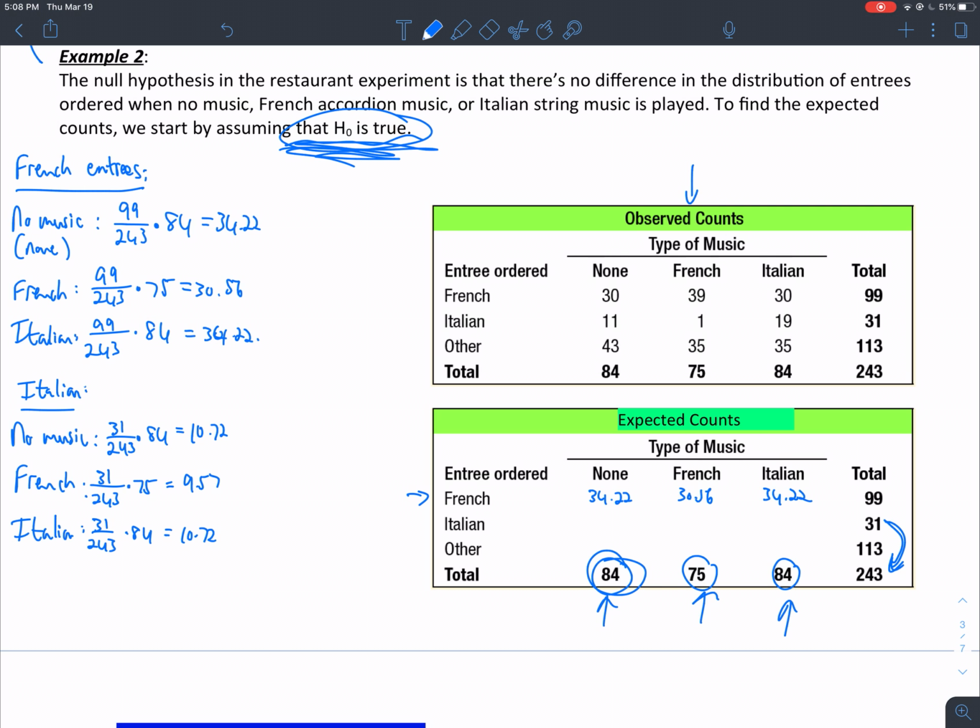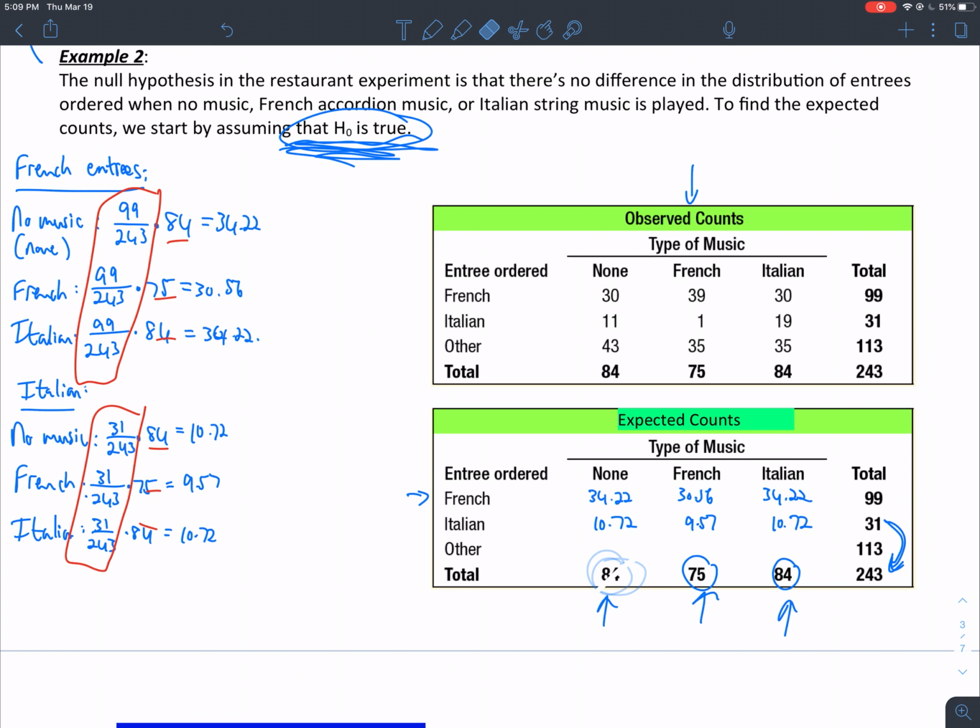So you can see what we're doing here is preserving the size of the total orders proportionally. Just remember this: we are assuming that the distribution is the same across all the treatments, but we're scaling it proportionally to how many entrees were ordered in each treatment.